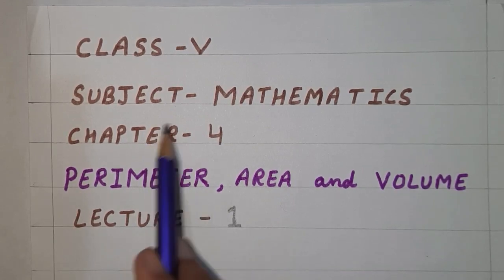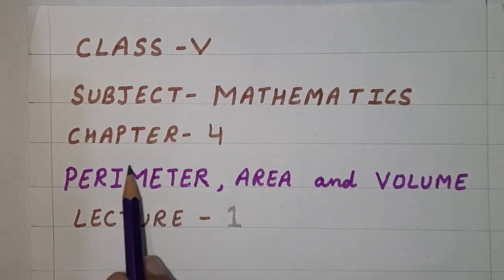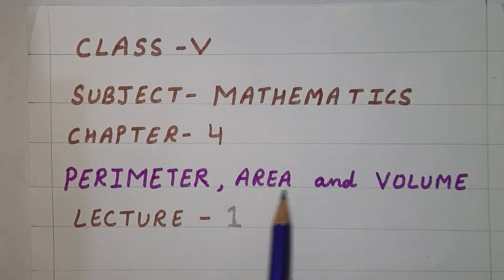Class 5th, subject mathematics. This is our chapter 4. Name of the chapter is perimeter, area and volume. And it is our lecture number 1.